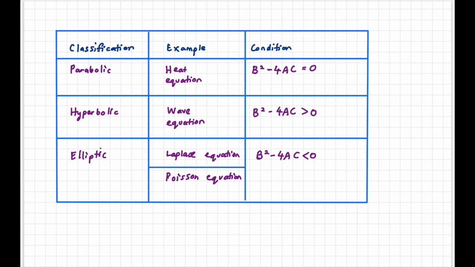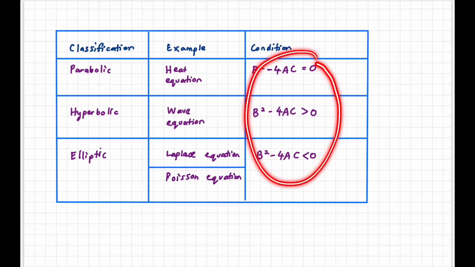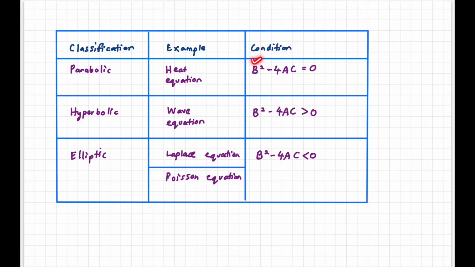Why must we classify the equation? It is because for different types of PDE, we have different types of solution or different methods to solve the equation. To classify, we will use this formula, which uses the values of coefficients A, B and C. A is the coefficient of uxx, B is the coefficient of uxy and C is the coefficient of uyy.